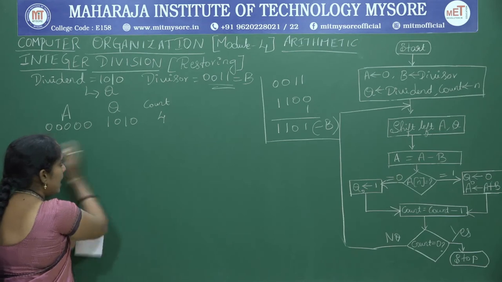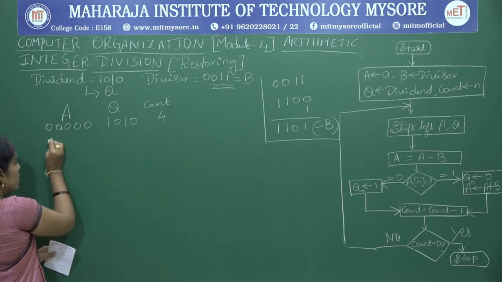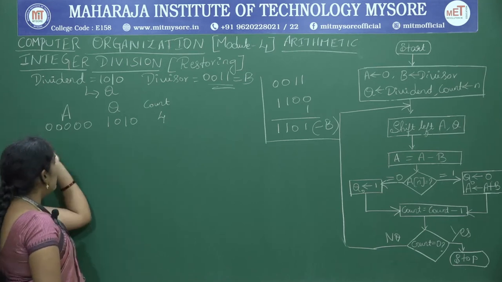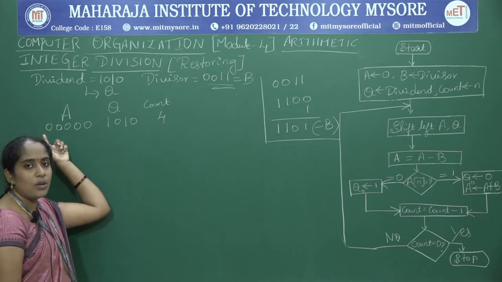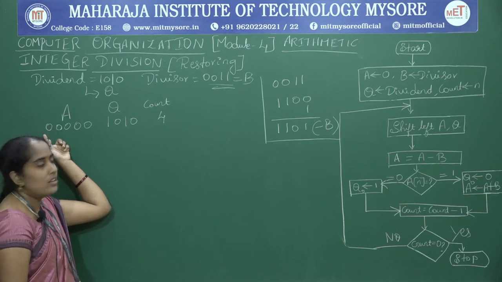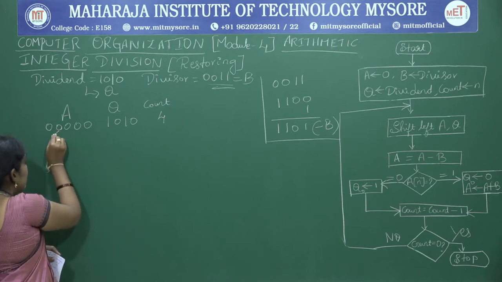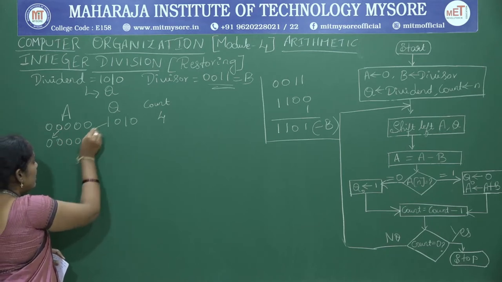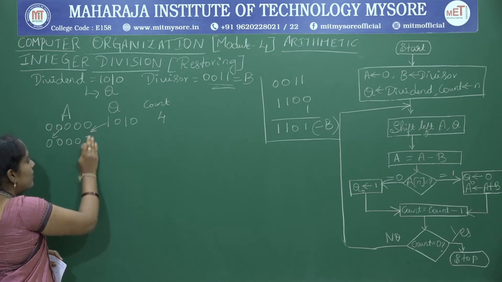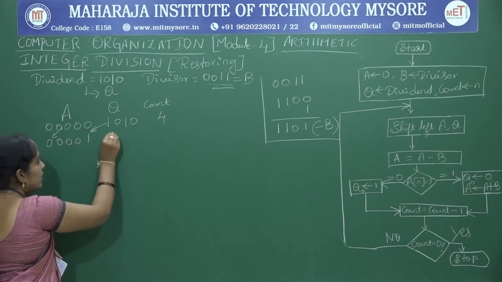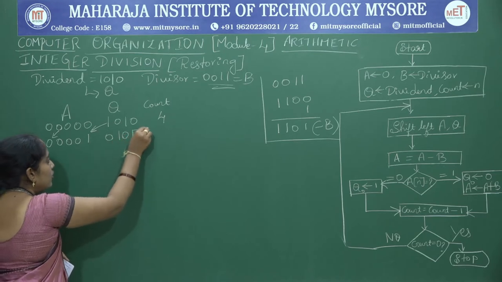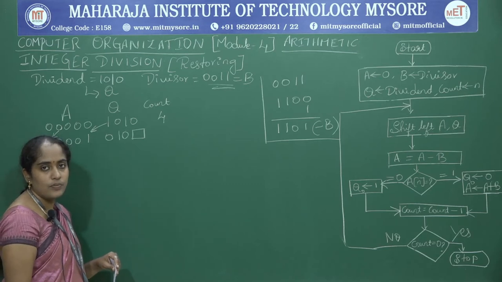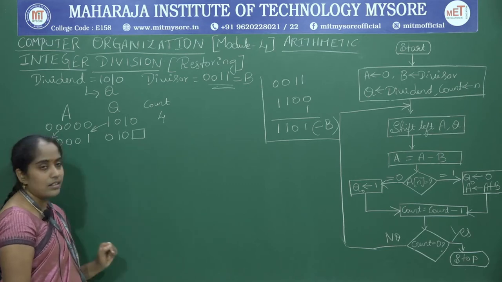In the shift left operation, the most significant bit will be lost. So next, this will be shifted here 0 0 0 0 and this will be shifted to this position 1. Next is 0 1 0. We do not know the least significant bit of Q, that means Q0. So, it is blank now.